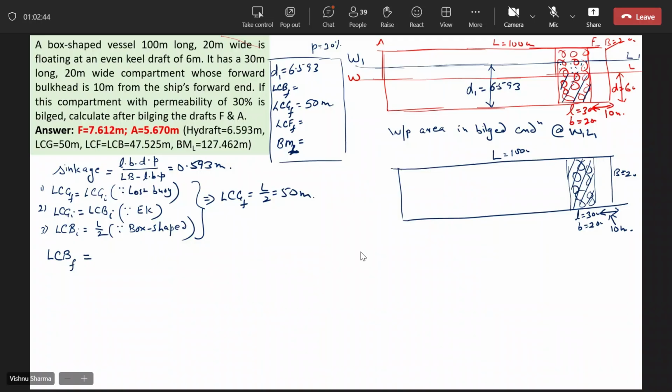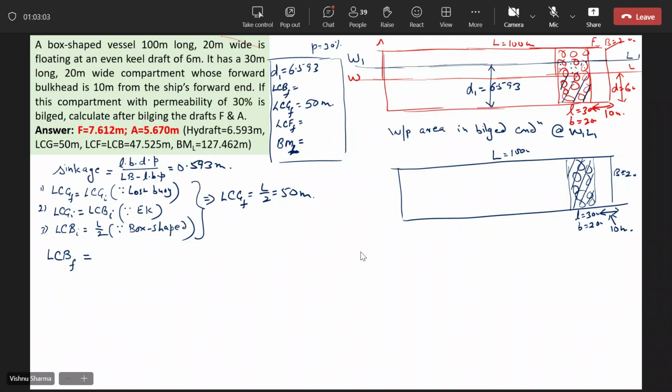Now it will become longitudinal moment of underwater volume not contributing to buoyancy, divided by volume of displacement. Correct? Can you repeat to yourself?